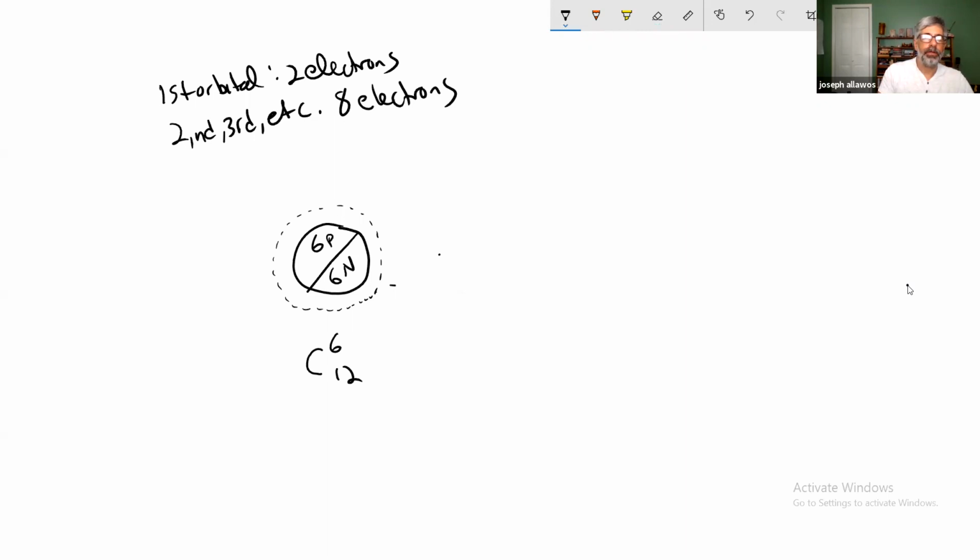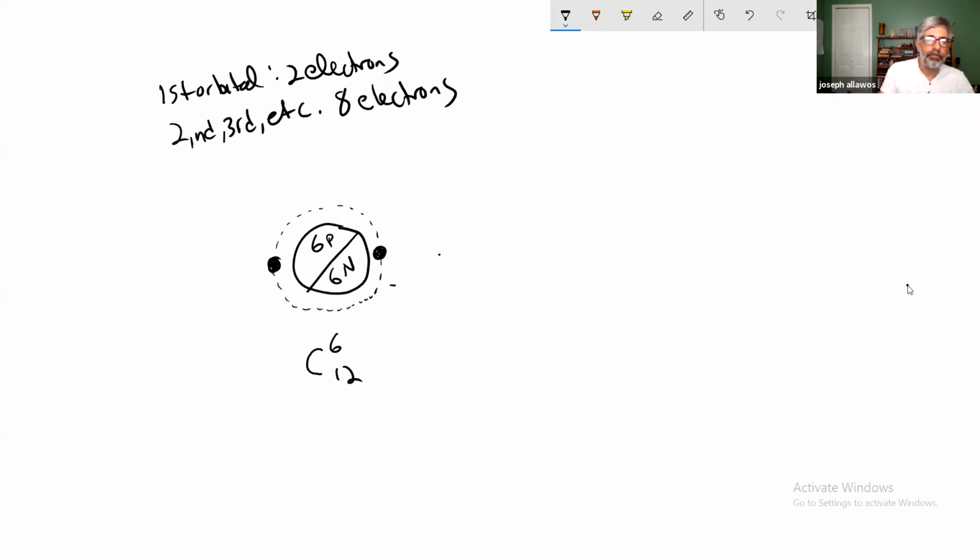If I'm not showing this as being charged, electrons are negative and protons are positive, so there must be 6 electrons if there's 6 protons in this case. And so we just draw them in, and we can fit 2. We usually draw them as little black dots like this. We can fit 2 in the first orbital. That's all it can hold.